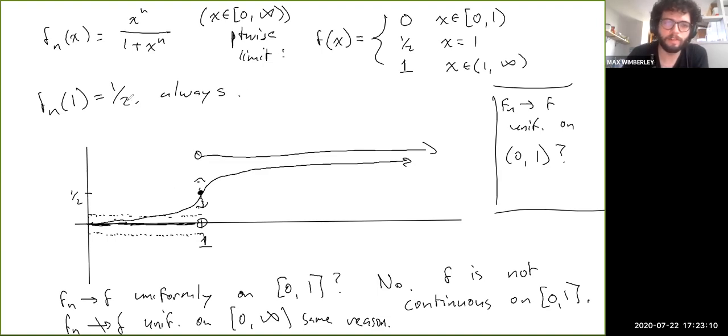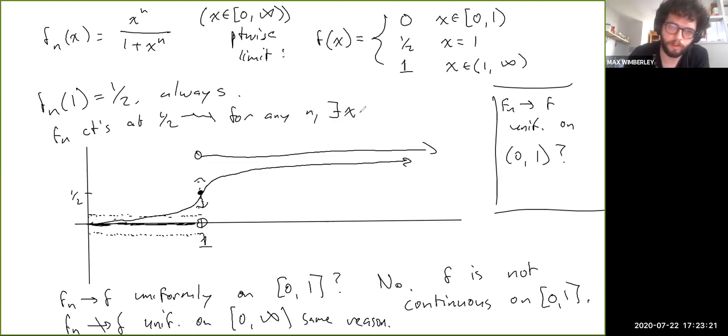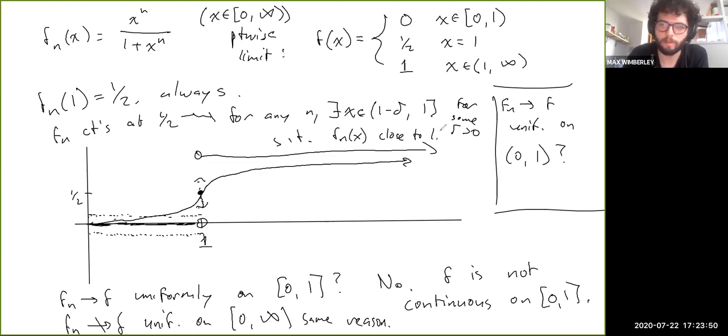The fact that fn of 1 is 1/2 and fn is continuous means that for any n, there exist values of x close to 1, let's say in an interval like 1 minus delta to 1, for some delta, such that fn of x is close to 1/2.